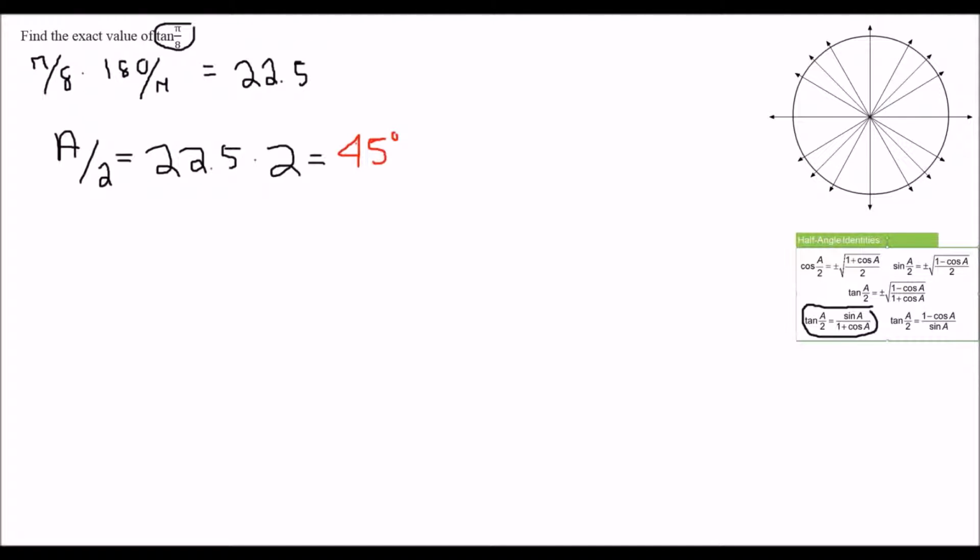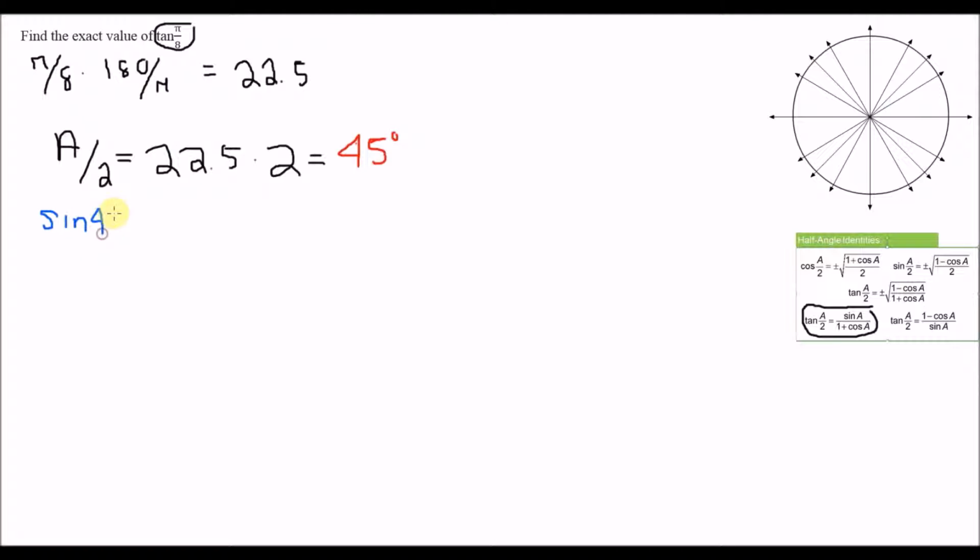Okay, so we now have A, it is 45, and we're going to want to plug that into our equation. So before we even do that, we should probably find sine A and cosine A.